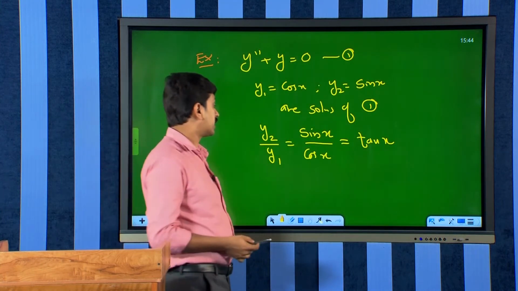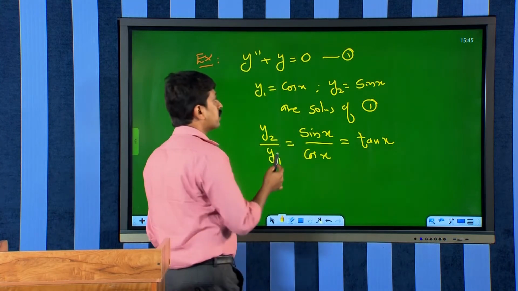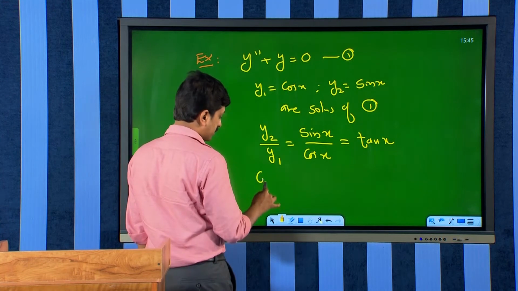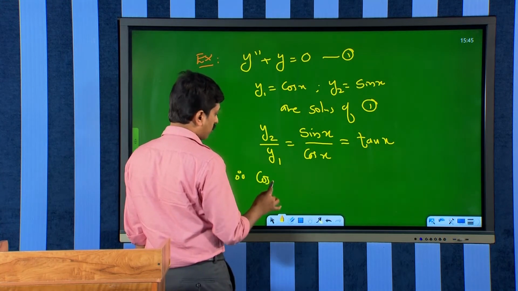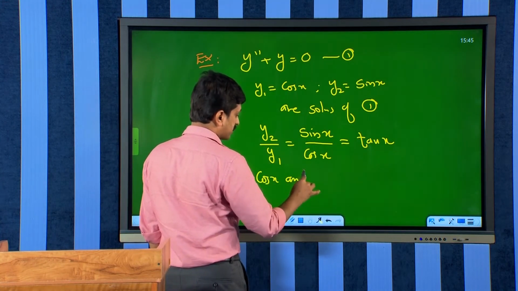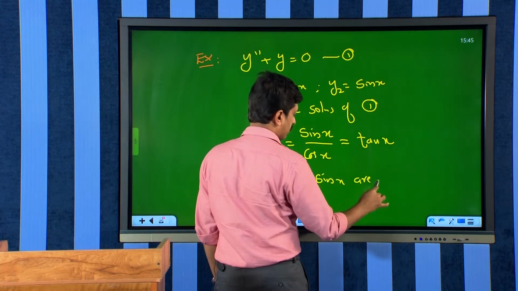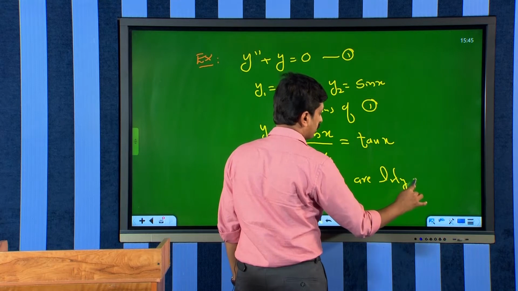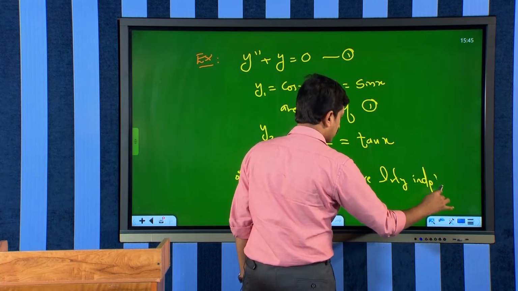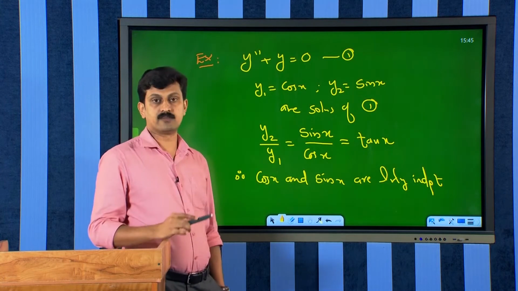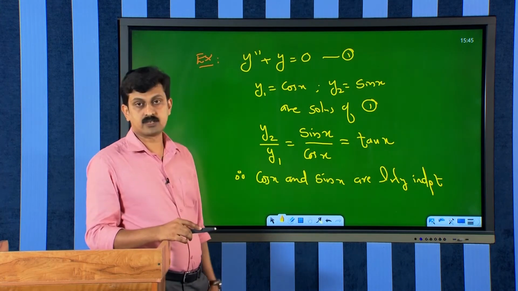Therefore, cos x and sin x are linearly independent. We can also say that C1 cos x and C2 sin x are linearly independent.